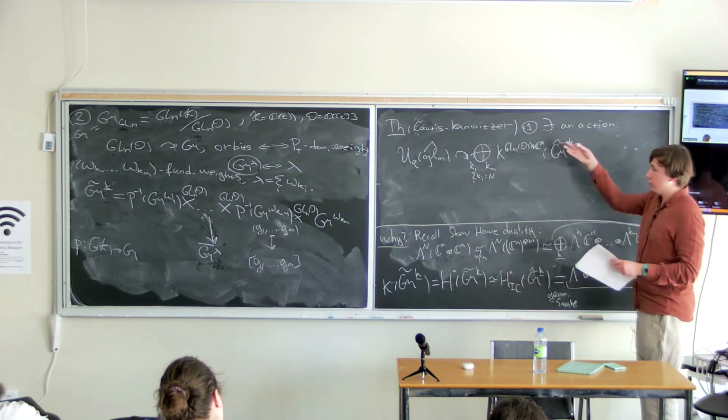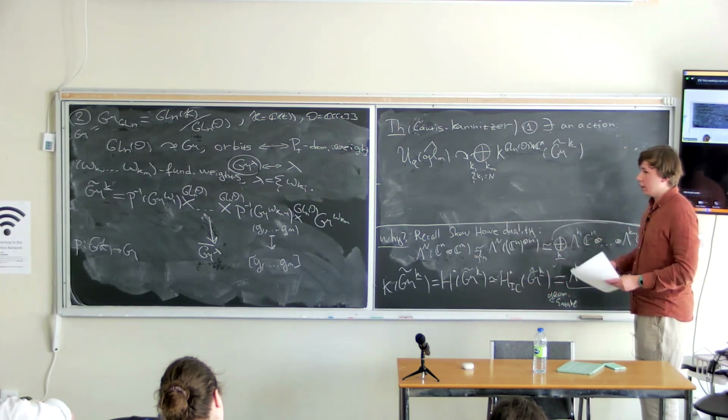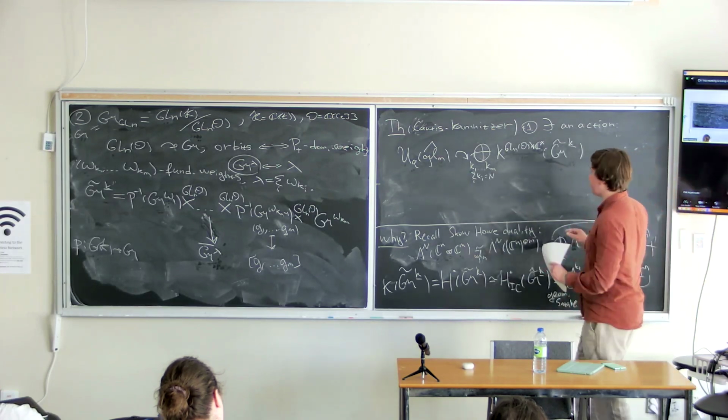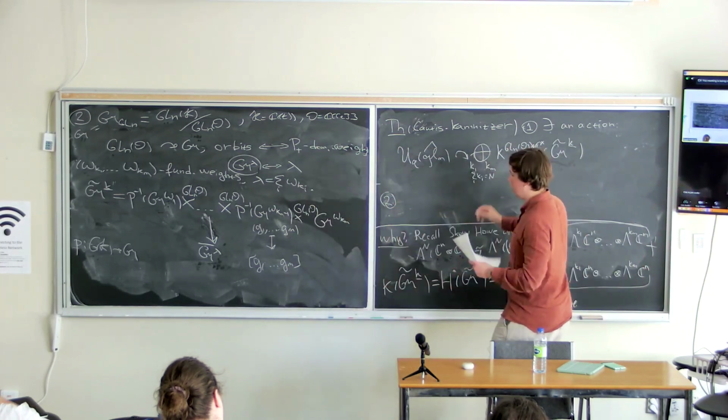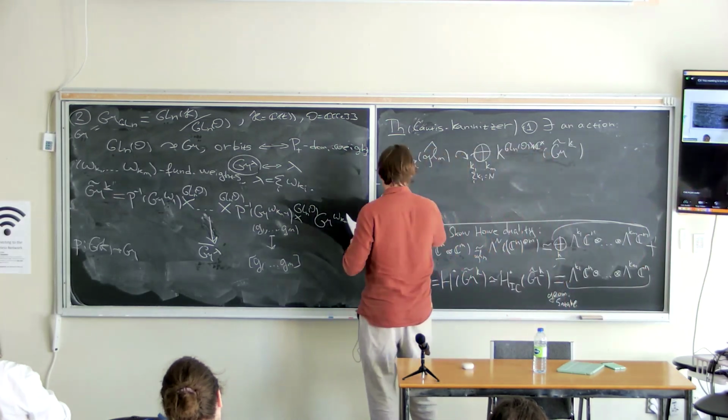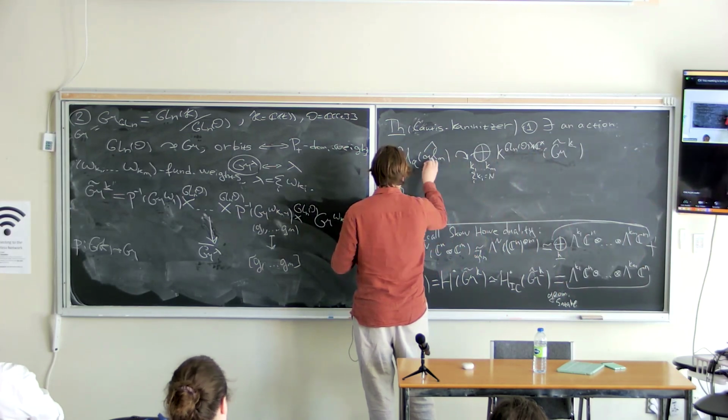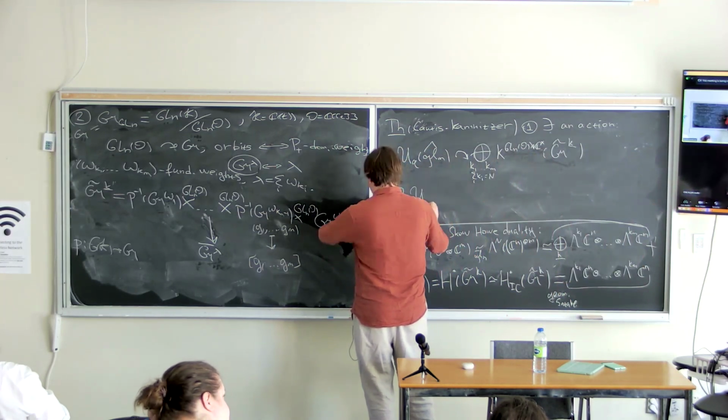In type A, they proved that using this action and many other things. And so the second part is not so deep, it's just an explanation of where this action comes from.